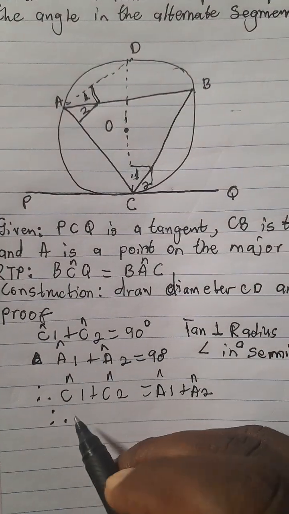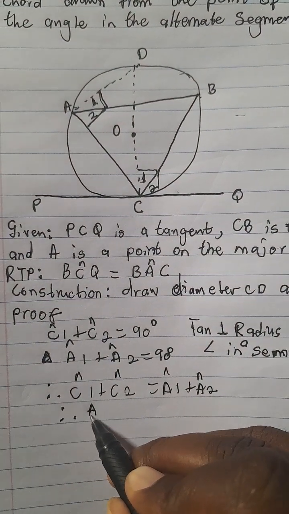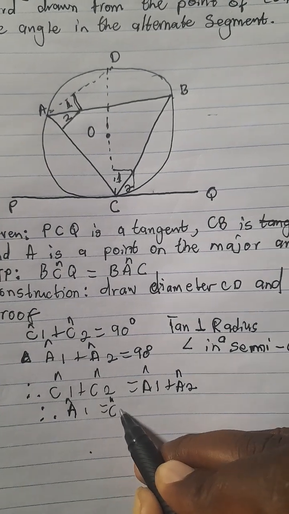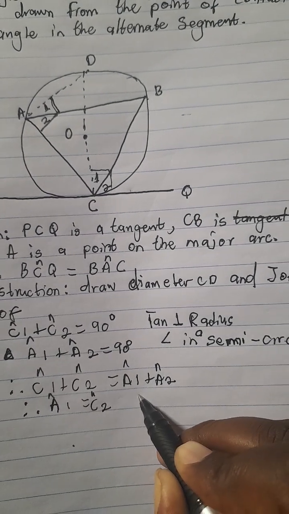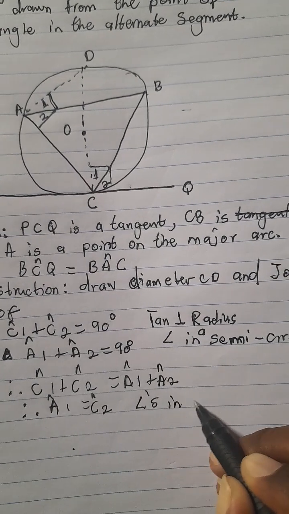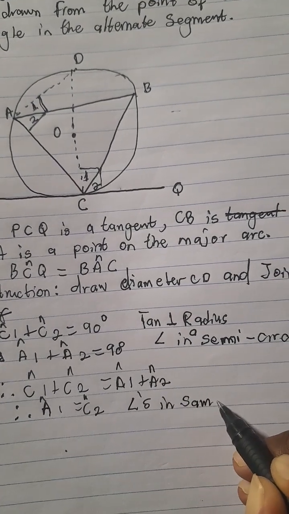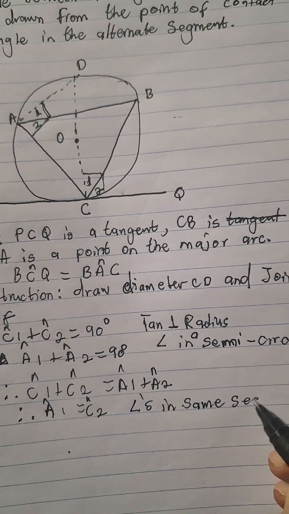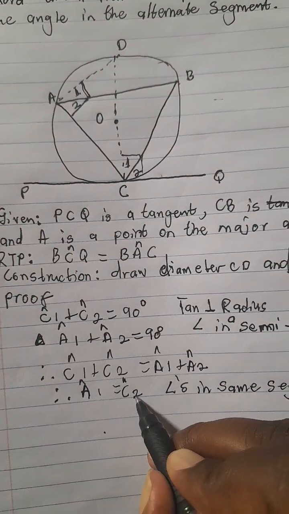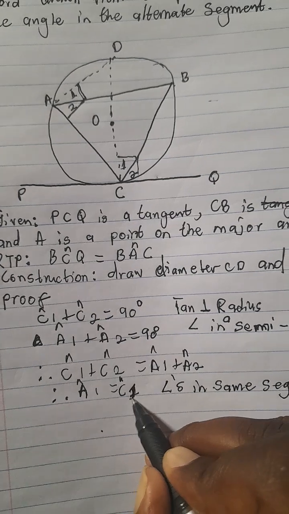So therefore we will say angle A1 is equal to angle C1. It goes with the reason: angles in the same segment. Sorry for that, it's angle A1.